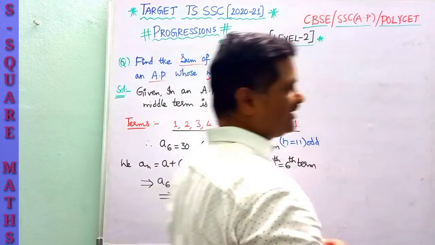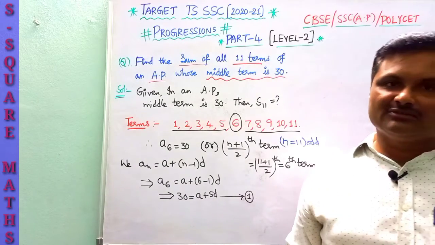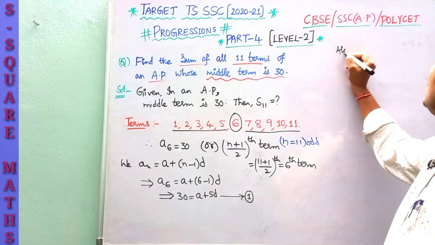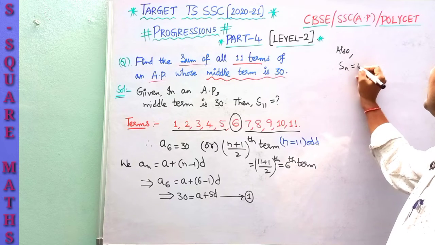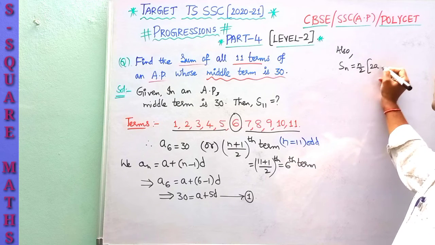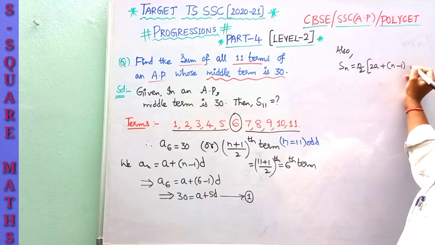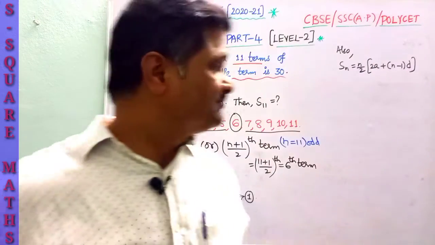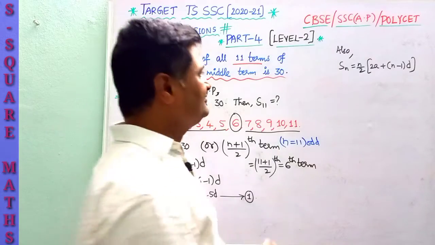Now we have to determine the sum of 11 terms. Sn is equal to n by 2 of (2a plus (n minus 1) into d). This is the sum of n terms of the given arithmetic progression.